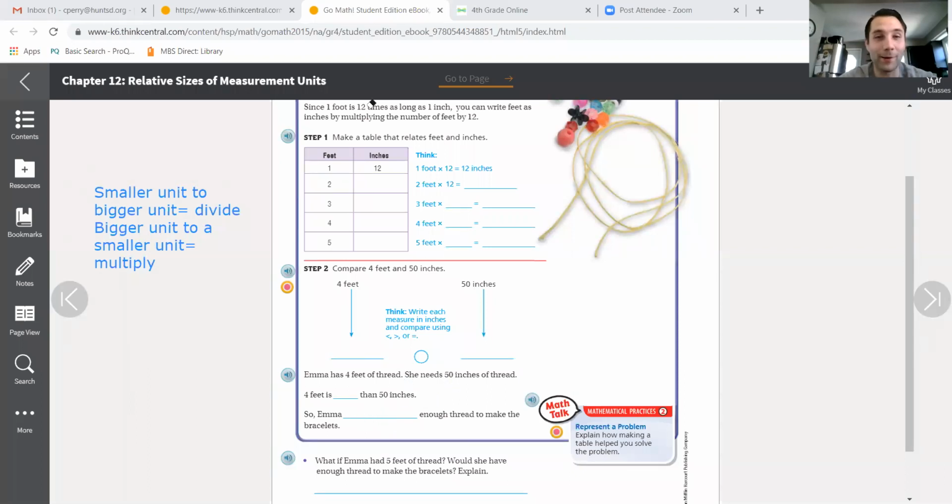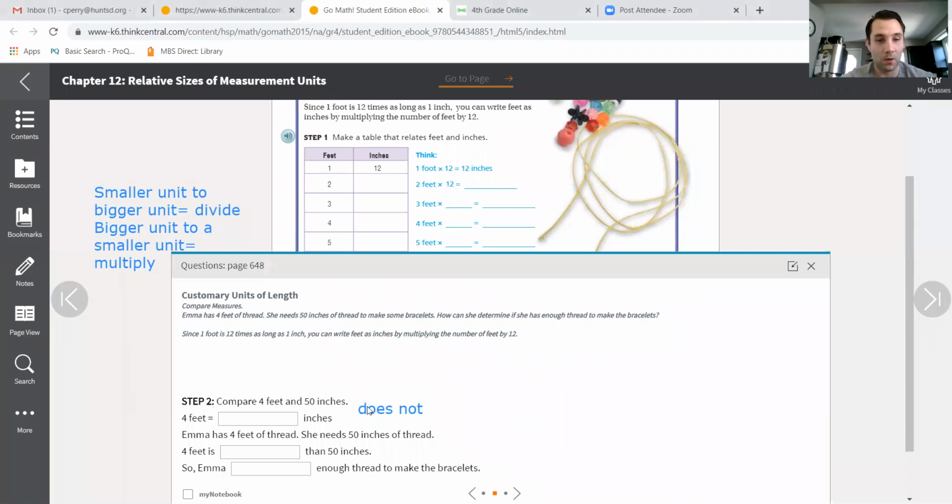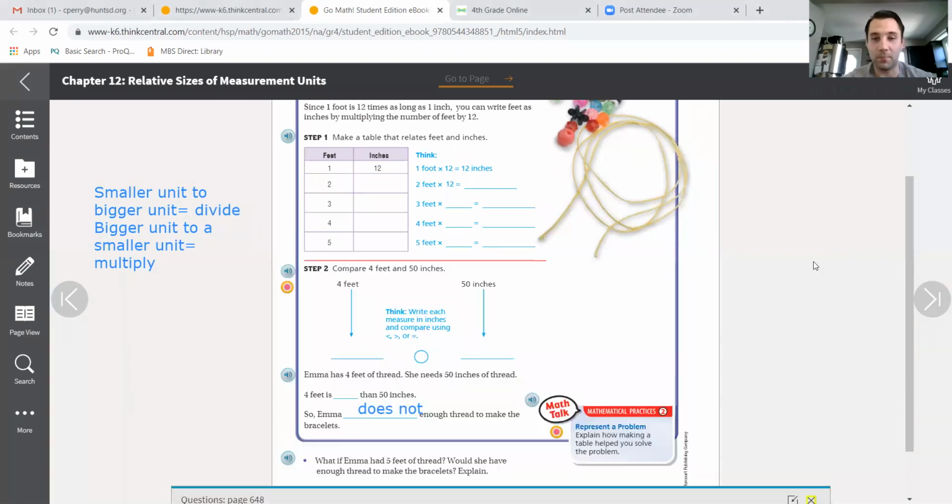That's bad. Sorry. Does not. Is that better? I think I can make the text stay small on the sheet. Get out of here, box. She does not have enough thread to make the bracelets.